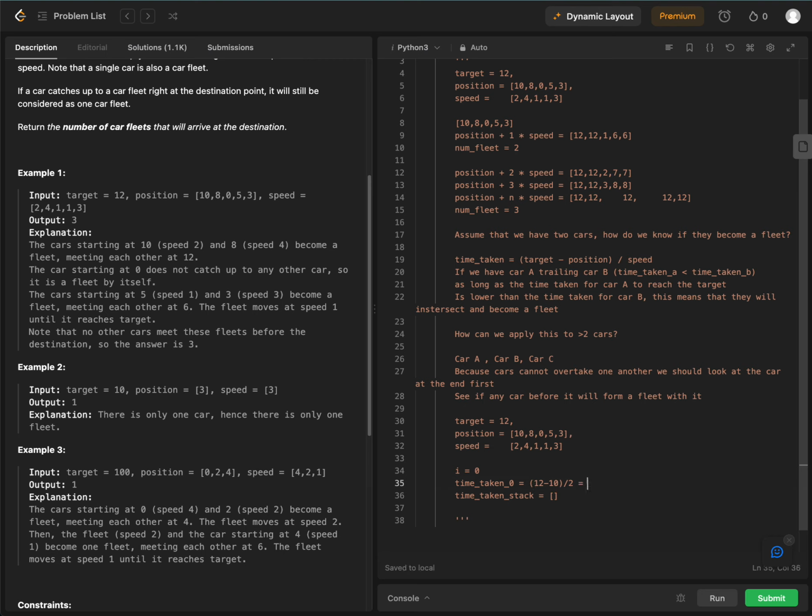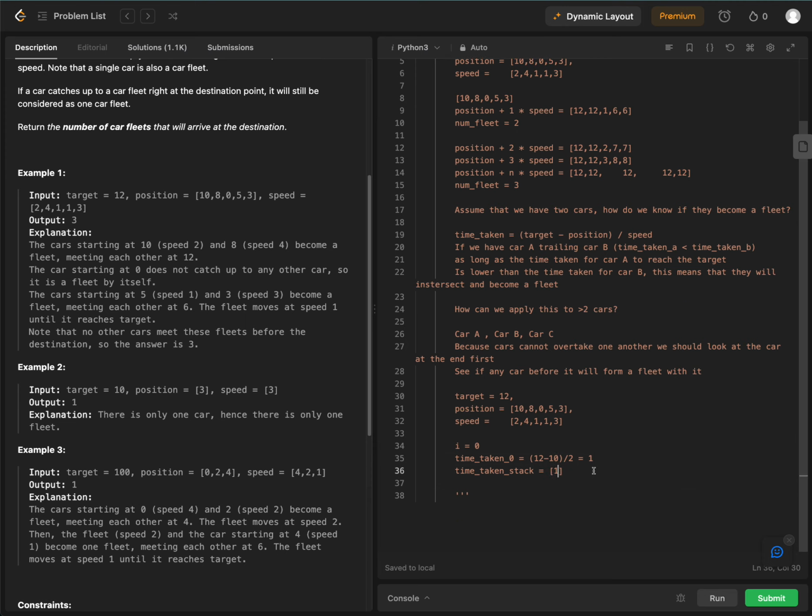So time taken will be 1. And then when we look at the next car here, we're looking at 8, 4, 1. We have 1 again. Since these two times taken to reach the goal are the same, we will combine them together.